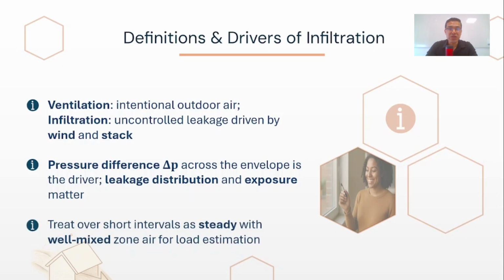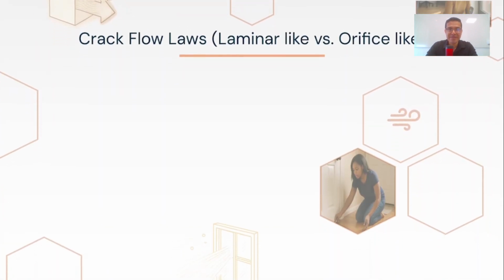For our load calculations, we'll make a few key assumptions: that conditions are steady over a short period and that the air inside the zone is well mixed. This allows us to simplify our calculations and get the numbers we need without having to track every little change.